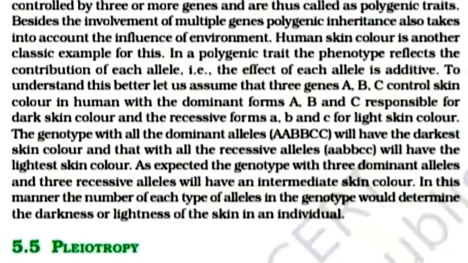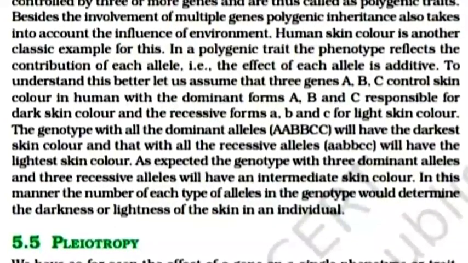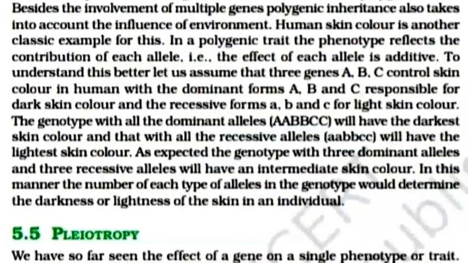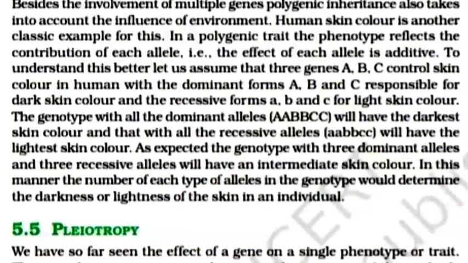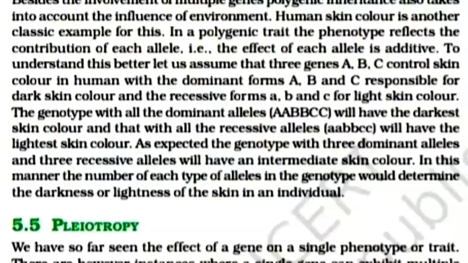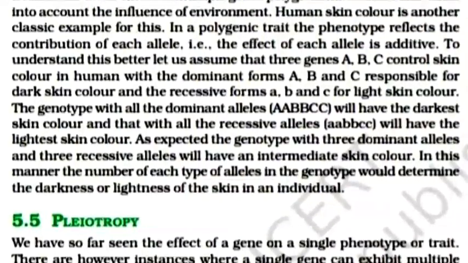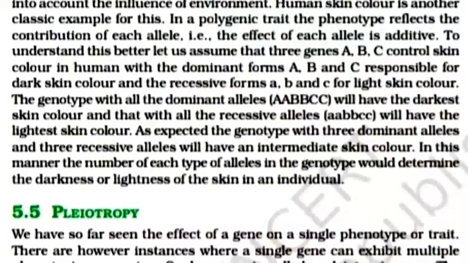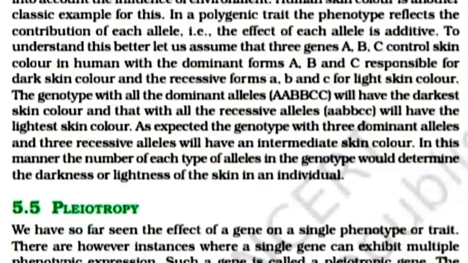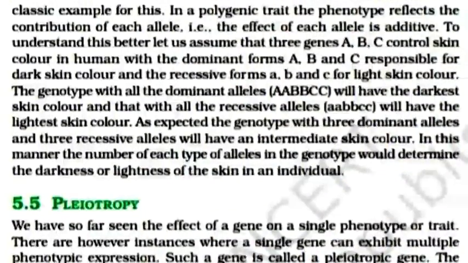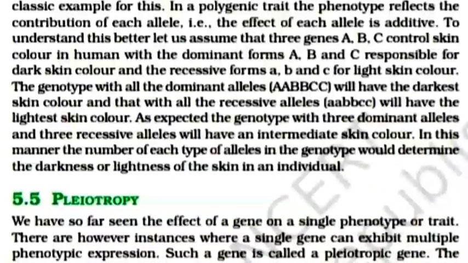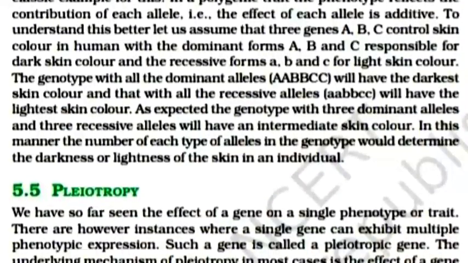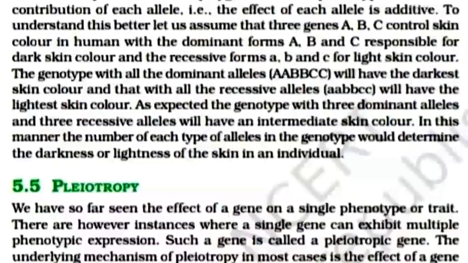In a polygenic trait, the phenotype reflects the contribution of each allele, that is, the effect of each allele is additive. To understand this better, let us assume that three genes A, B, C control skin color in humans, with dominant forms A, B and C responsible for dark skin color, and recessive forms a, b, c for light skin color.